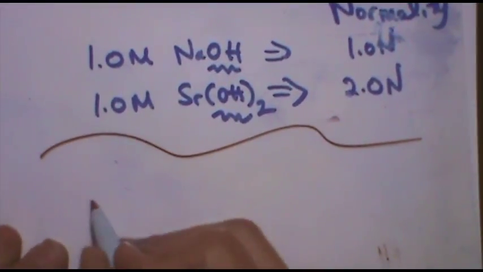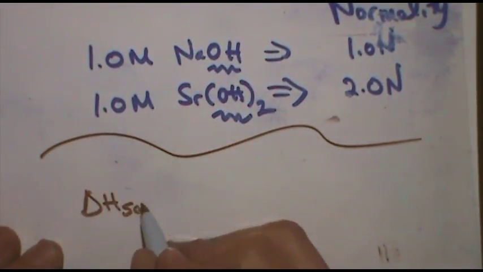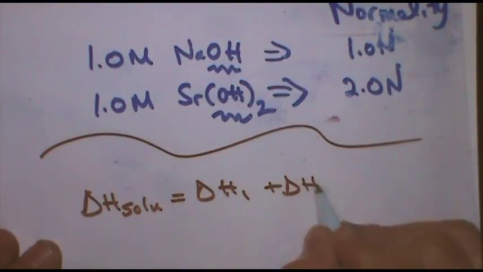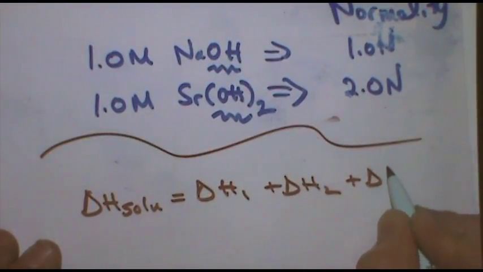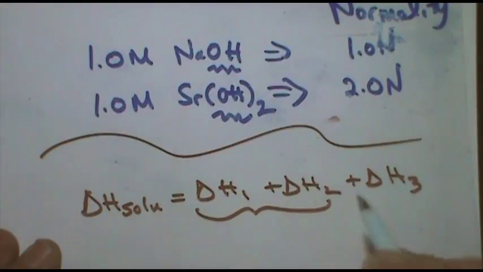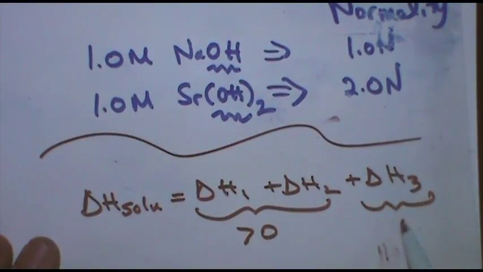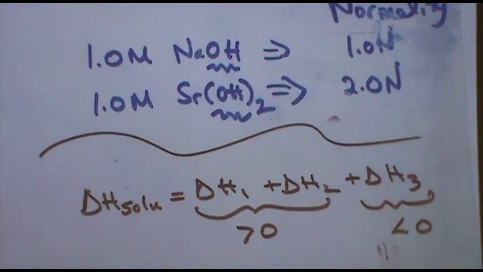A question about delta H of solution, just in general. These two are always what? Endo or exo? And this one is always exo. So that's always true.